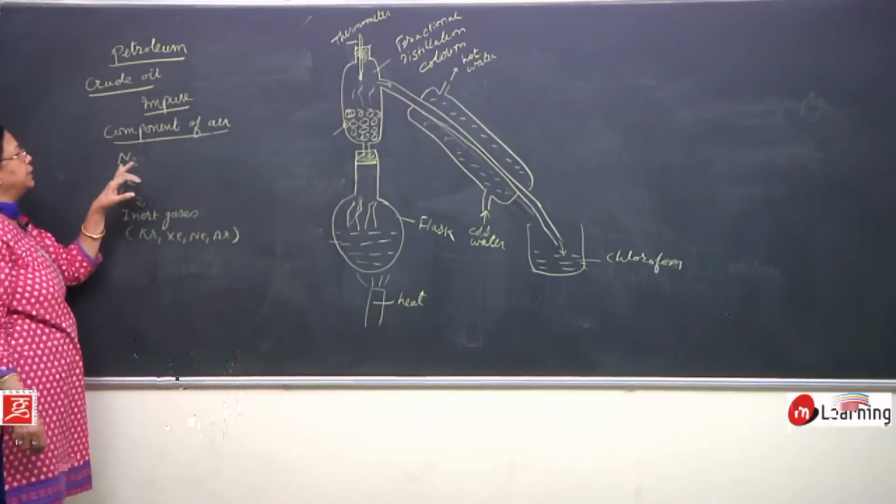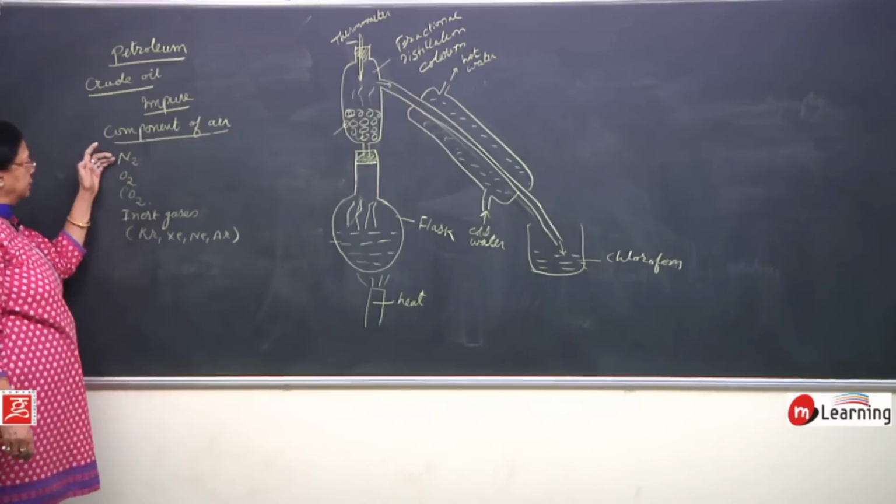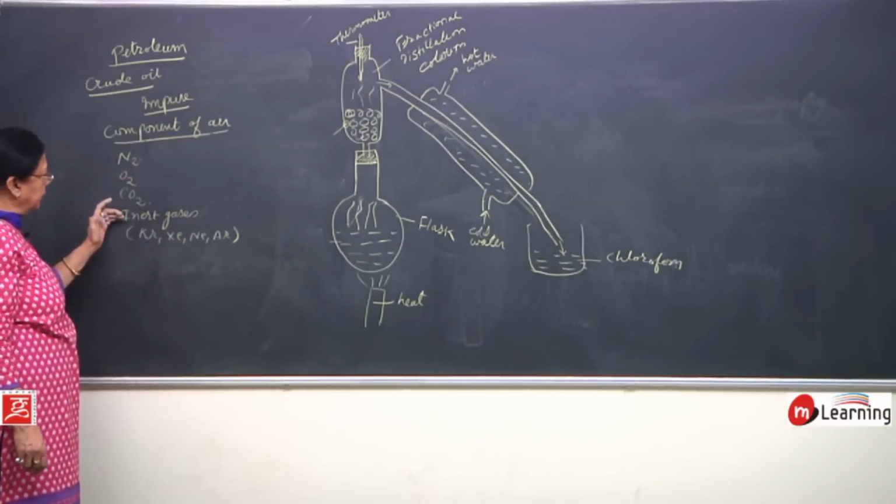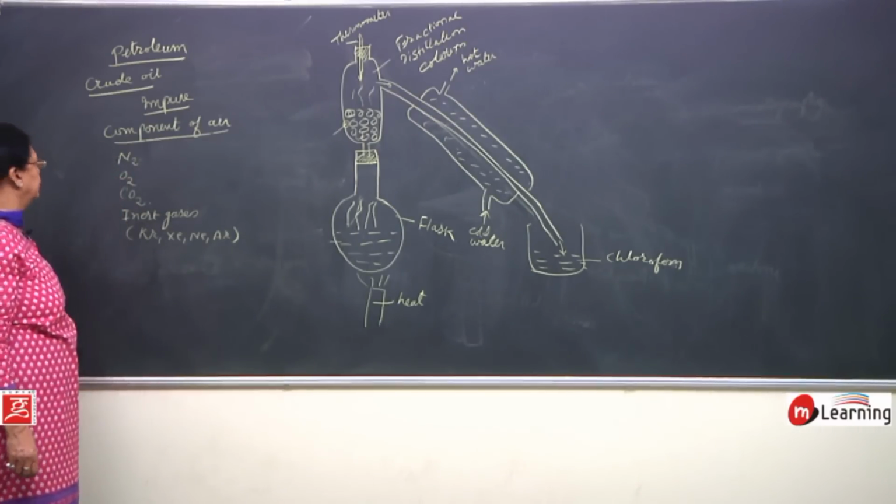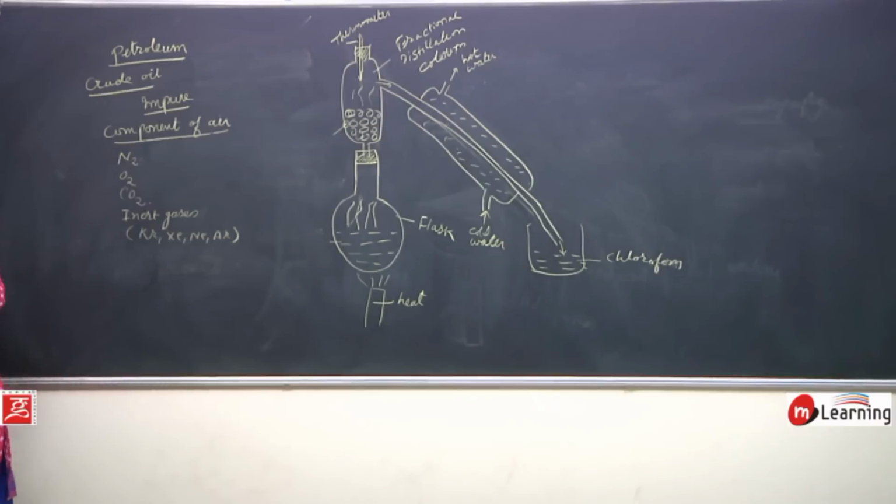And what are the components of air? They are nitrogen, oxygen, carbon dioxide, inert gases, right. Now, what is being done here?